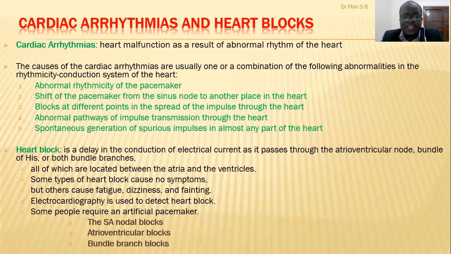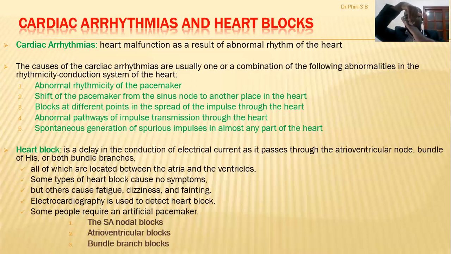So there are different types of cardiac arrhythmias. Other cardiac arrhythmias or heart blocks would require an artificial pacemaker. For instance, if you have a complete block of the AV node or the bundle of His, meaning that the electrical activities coming from the atria are not able to pass into the ventricles, the ventricles will be independent from the atrial activity or the pacemaker cells.